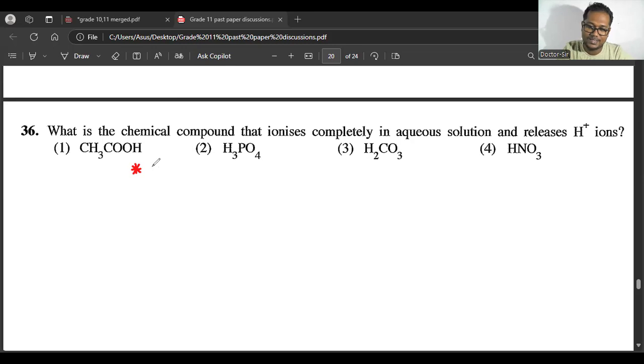Okay, so here we should know about strong acids and weak acids. We have two categories: one is weak acids and the other is strong acids.